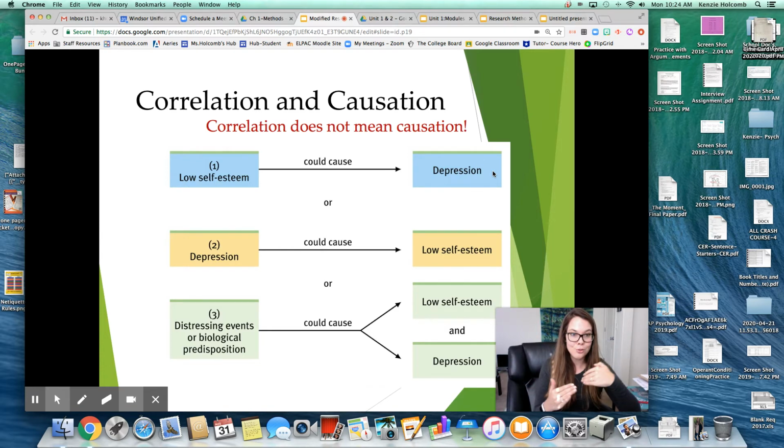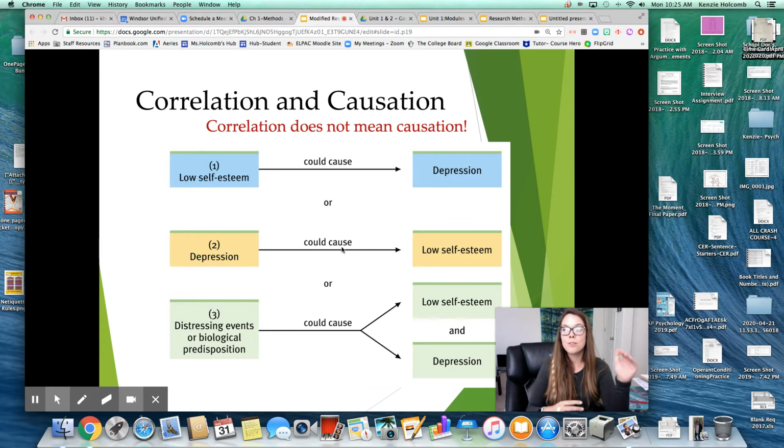Because it's not as cut and dry as that. Another example is, depression could cause low self-esteem. Again, it's just a relationship, but it's not cause and effect because there's too many factors going in, right? We're not accounting for all our factors. So again, correlational studies study the relationship of two events or two things, and you study them through scatter plots, okay?